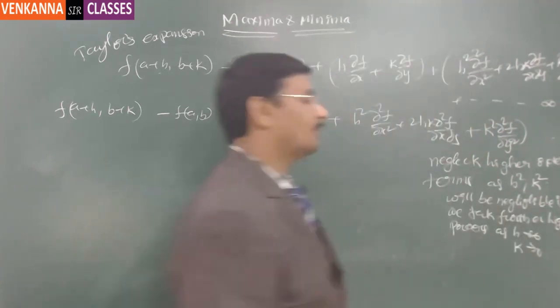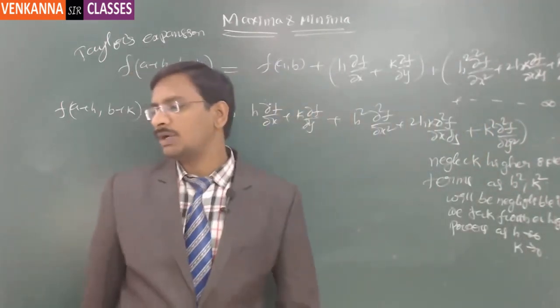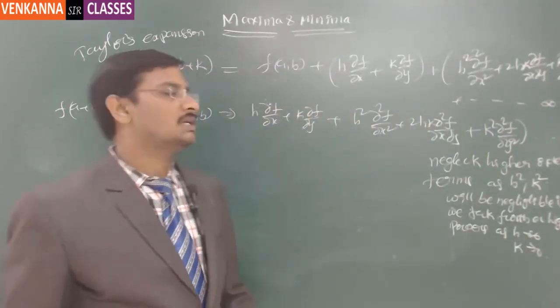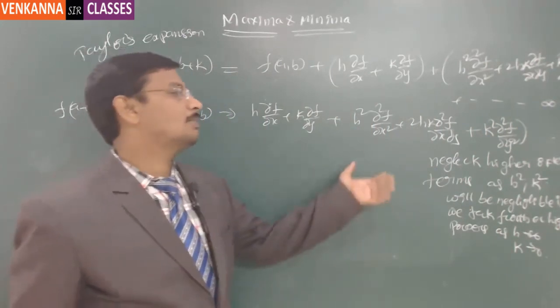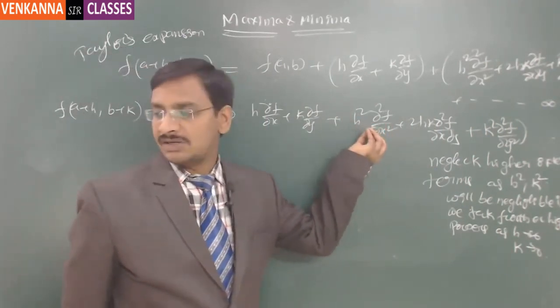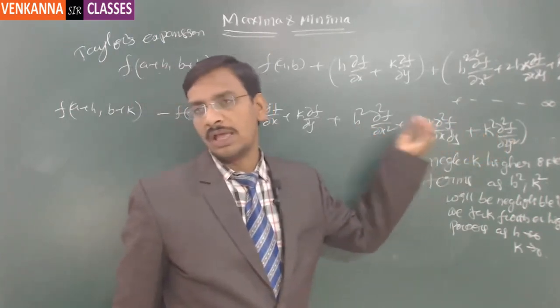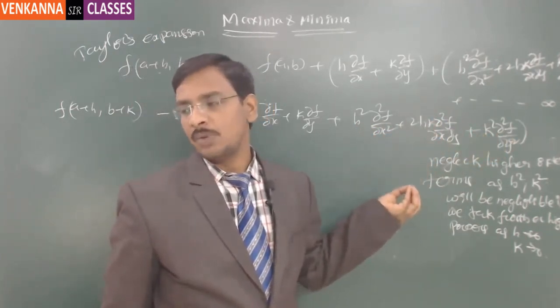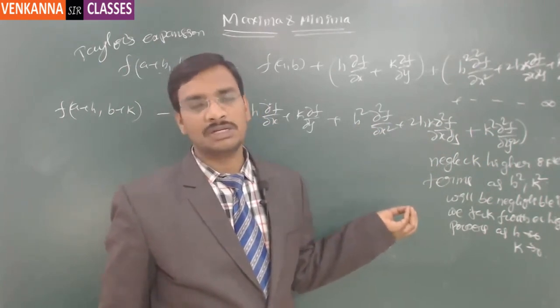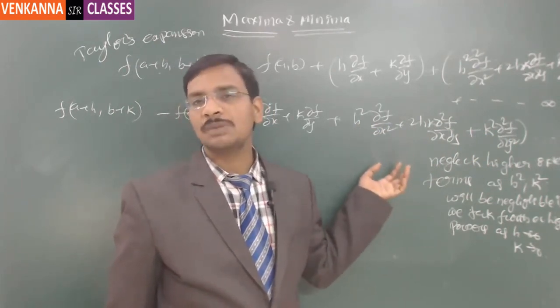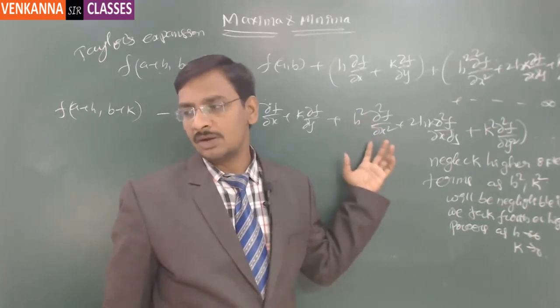So nearby points we will be considering, right? So h will be tending to 0 and k will also be tending to 0. If that is the case, considering up to h² itself is most reasonable. If you consider further, the accuracy increase will be very, very little, 0.001%, but the complexity will increase by 99%.